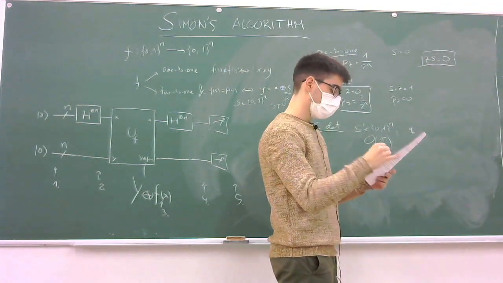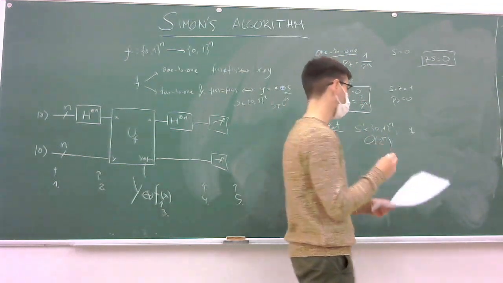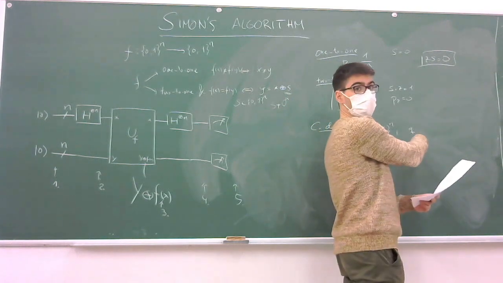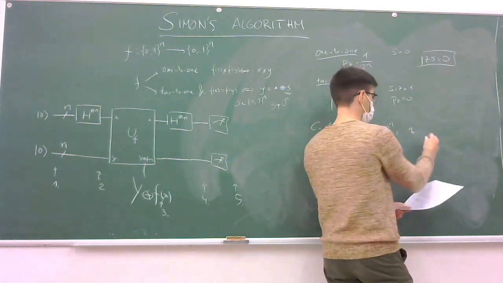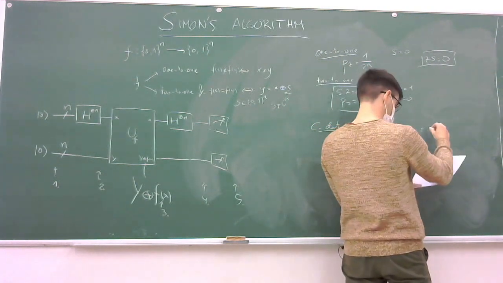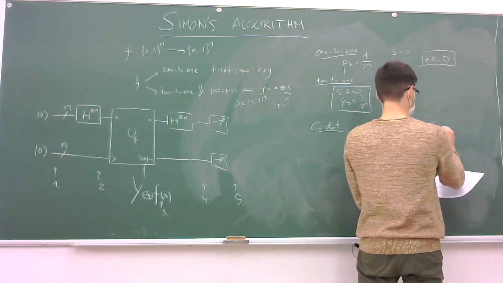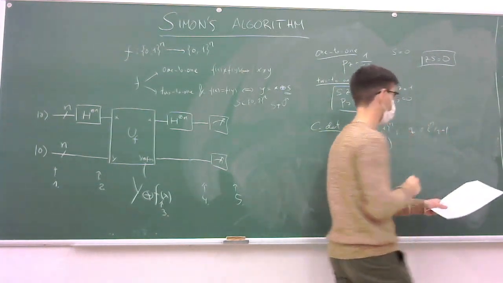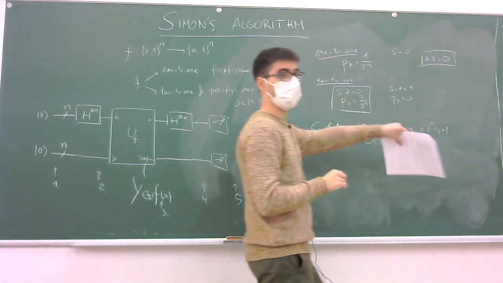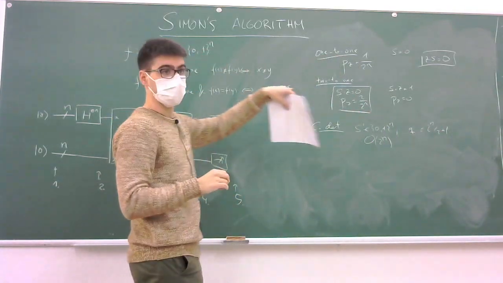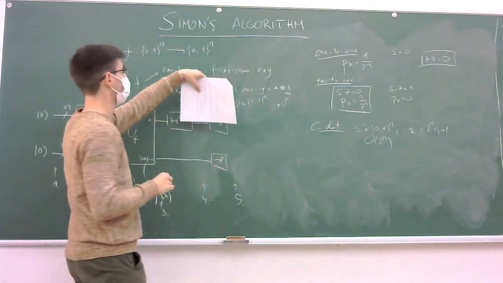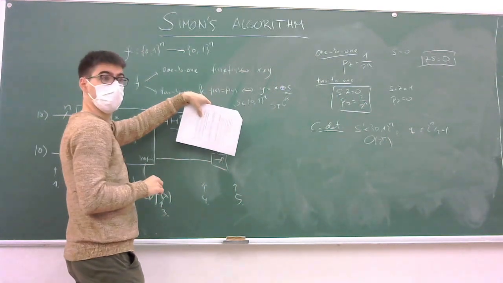And then checking, in the worst case scenario, half of the possible input values, this will be 2 to the n half plus 1. That is, you have to look at half of the input values plus 1 in the worst case to distinguish between the 1 to 1 and the 2 to 1 case.